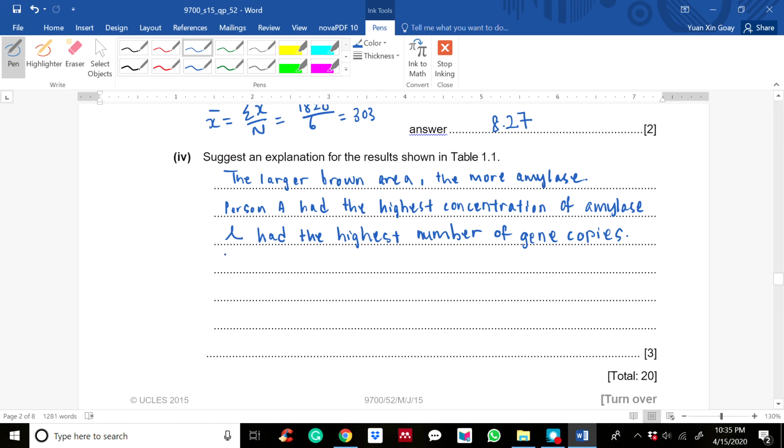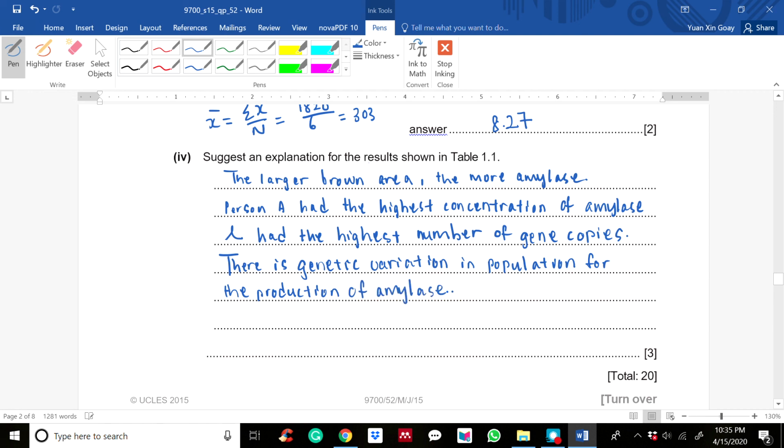This also means there is genetic variation in populations for the production of amylase.